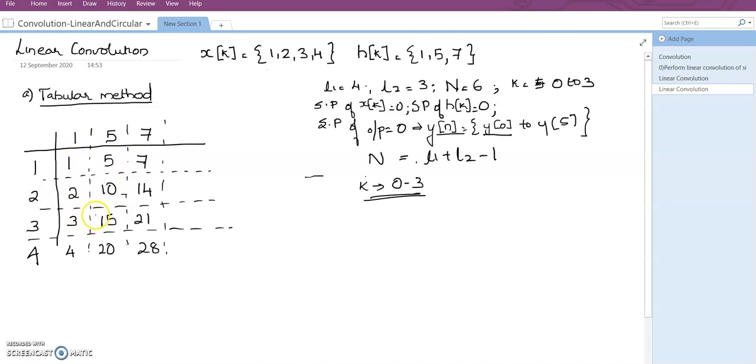We go like that. And to compute the result, you connect the diagonal elements. I'm drawing the lines like this. Now I have drawn diagonal lines which separate the elements.